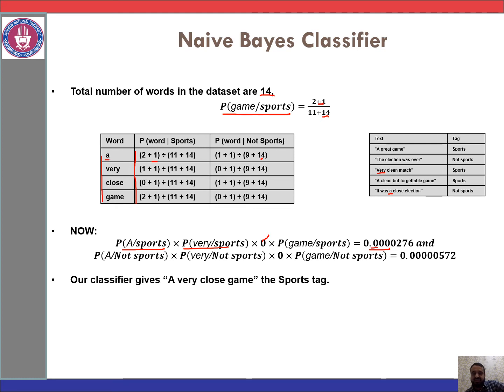Similarly, if we calculate the probability of the sentence given the tag is not sports, it is smaller than the probability given that the tag is sports. So we compare these two probabilities, and this probability is higher than this one. Based on the higher probability, we assign the class to this sentence. So we will give the tag of sports to this sentence.